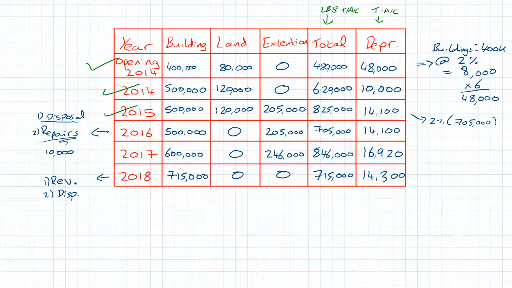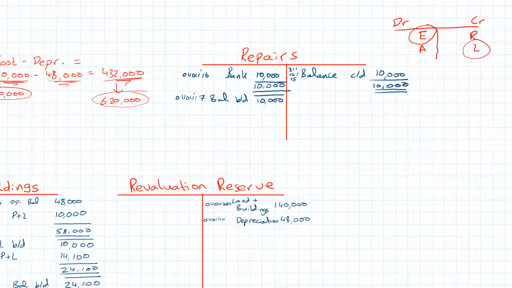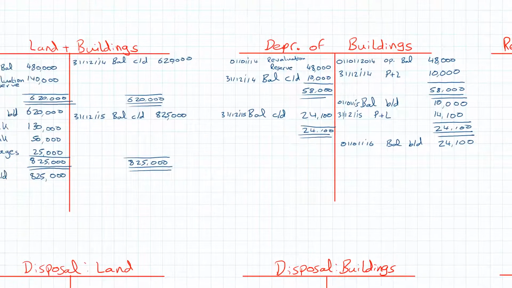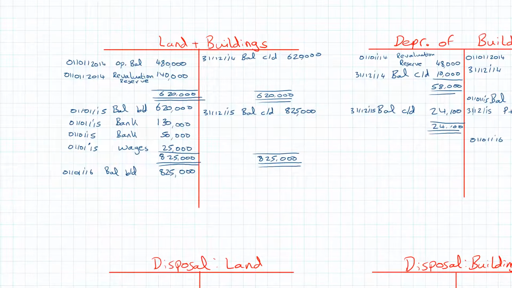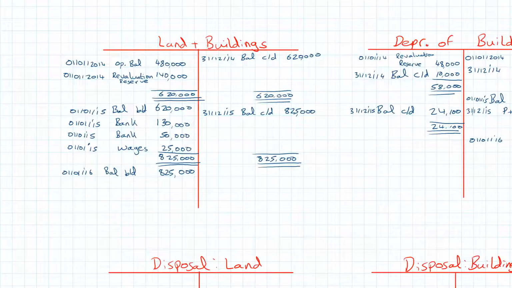So disposal now. So we need to dispose of our land. 120,000. So this is maybe one of the most, not confusing, but the most work has to be done when we're doing disposal. So we're getting rid of 120,000. It's going to disposal.